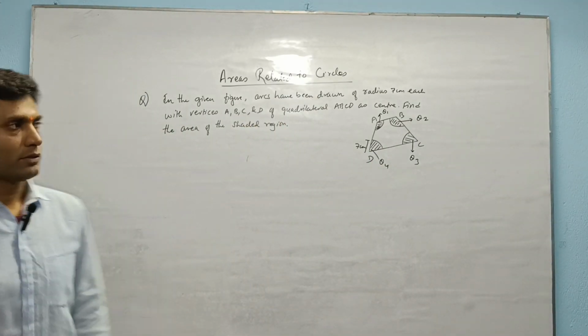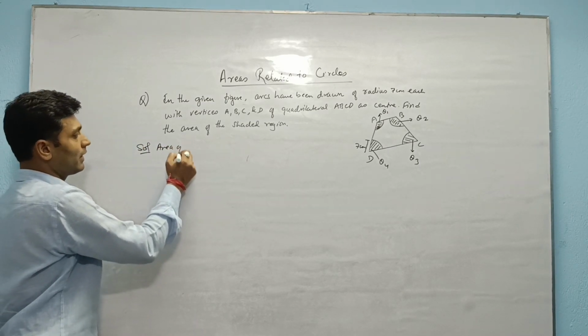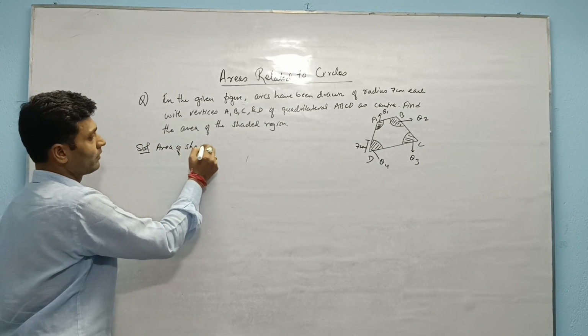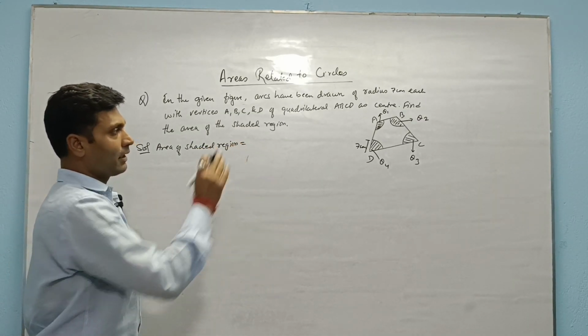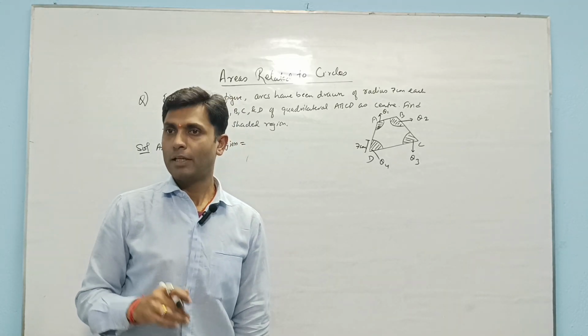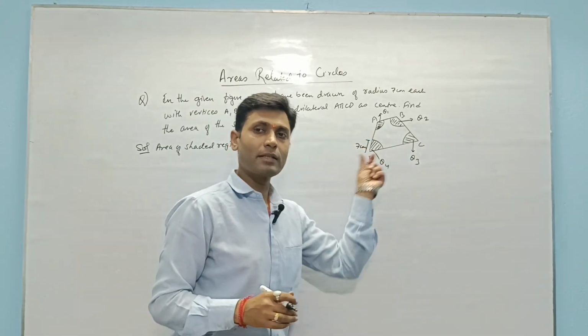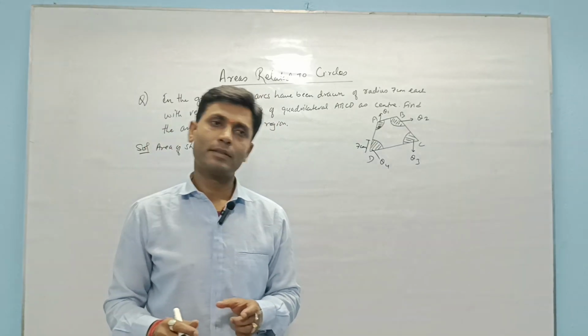Clear? So now, what is the area of the shaded region? Each shaded portion is a sector whose radius is how much? 7 centimeter.